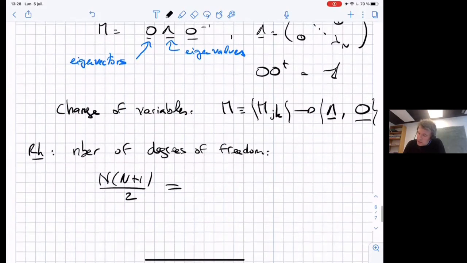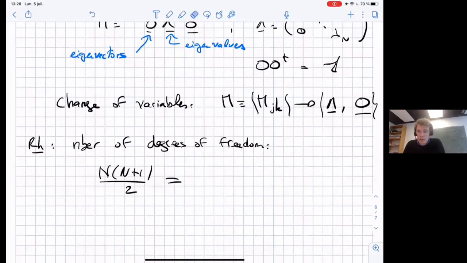So basically this sum here, I want to see as the sum of the number of eigenvalues, which is n, and then the number of degrees of freedom associated to O, which is just n(n-1)/2.